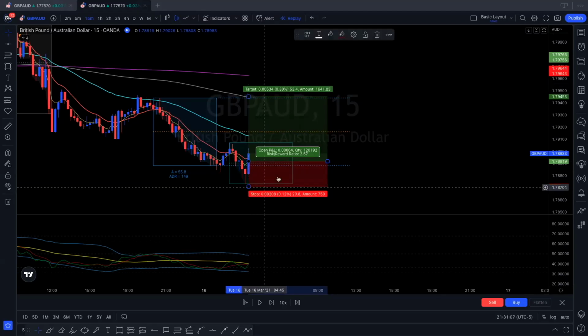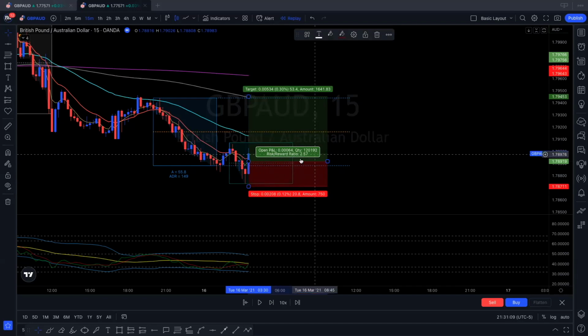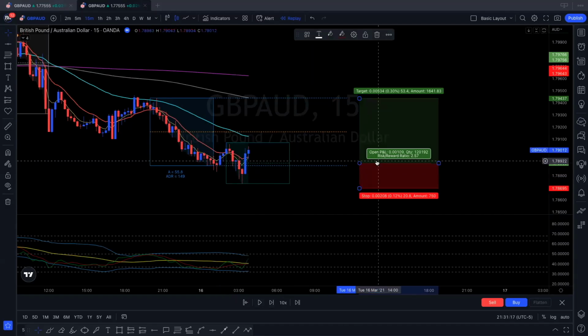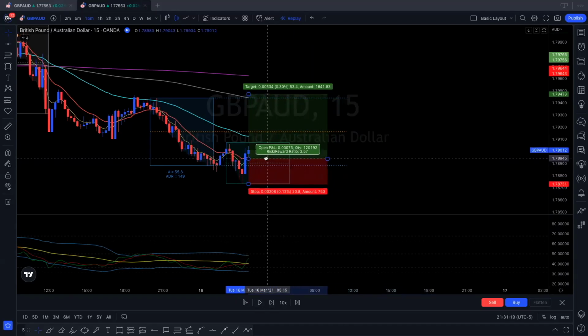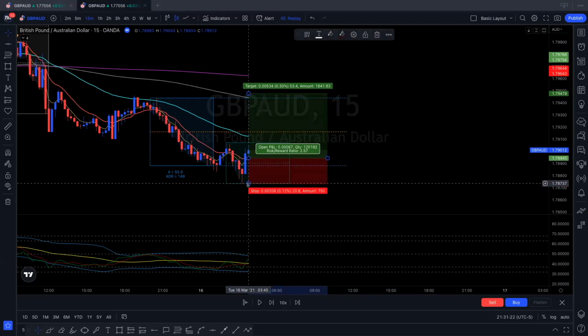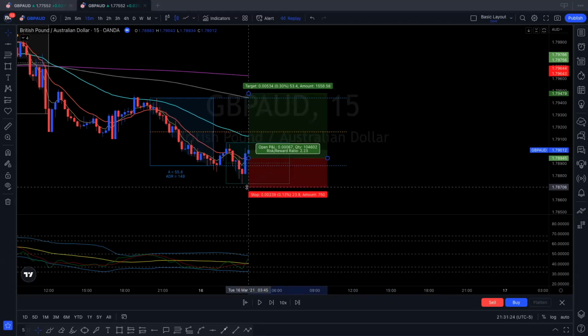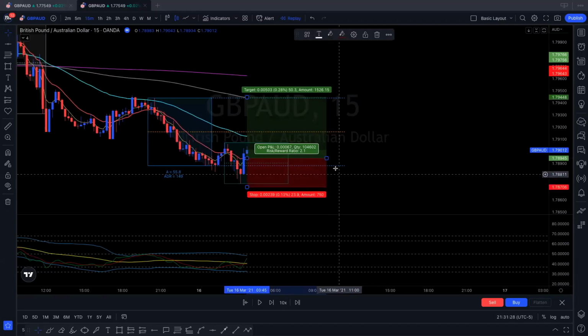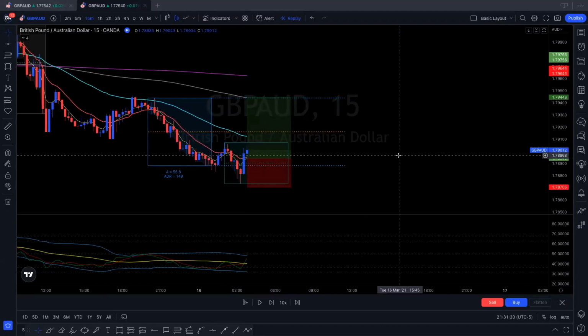A pullback makes this trade way better than without one. So you do get a pullback on that candle there. So the trade would basically look something like this. A 2-to-1 to the 800.